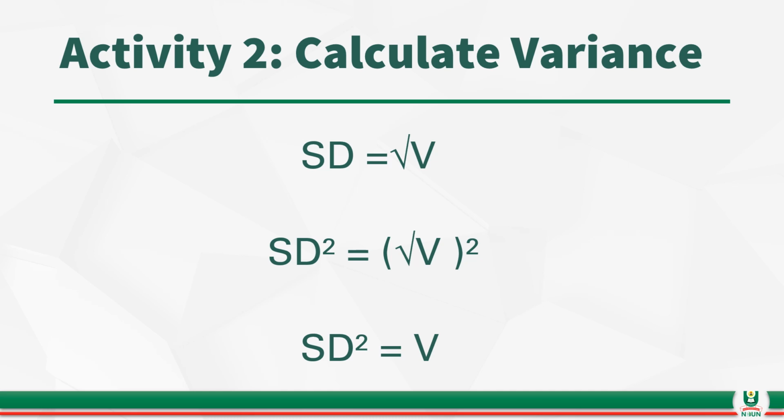So activity 2, which is to calculate variance. Variance is the third measure of dispersion which we are learning how to calculate. Standard deviation is the square root of variance. If you square both sides, that is, remove the square root on variance, you have standard deviation squared equal to variance. So let's see how to calculate variance.